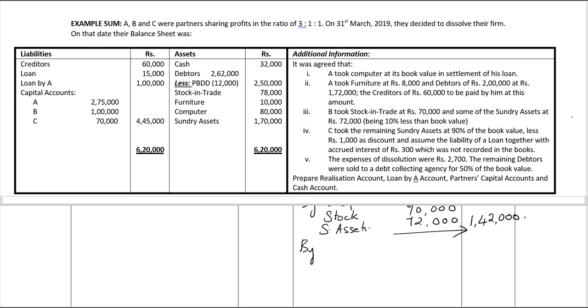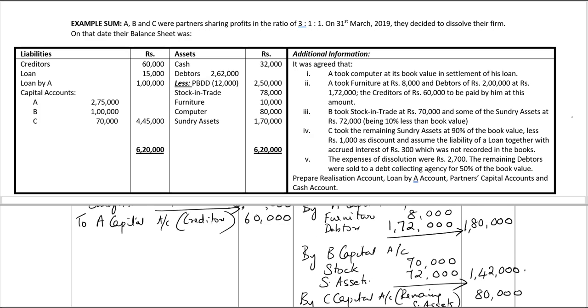So by C capital account, for the remaining sundry assets at 80,000 rupees, he takes it over.